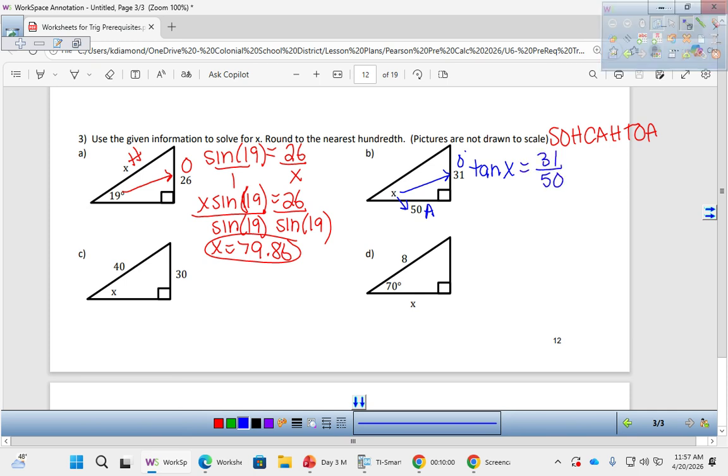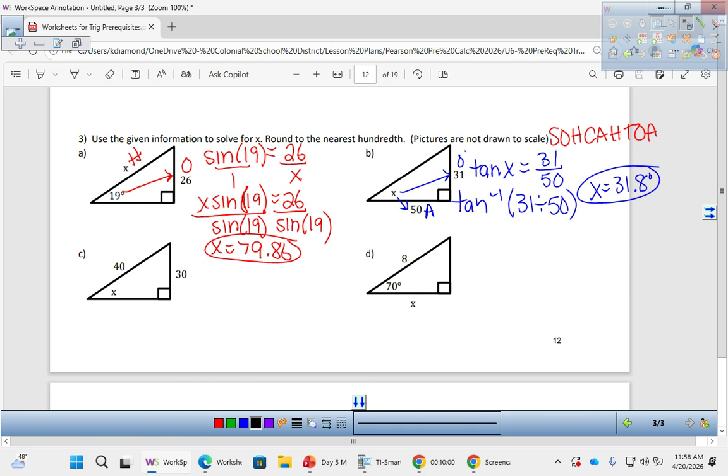If you are solving for the angle, you're going to use the inverse button in your calculator. So to do this, I'm going to do second tan of 31 divided by 50. And that would give me the angle x. So x is equal to 31.798. So I'm just going to round it to 8 degrees.